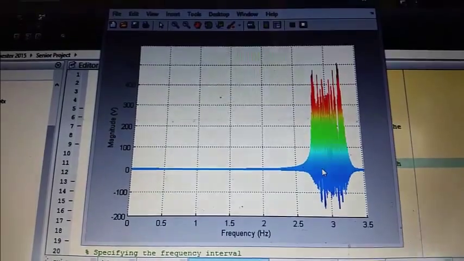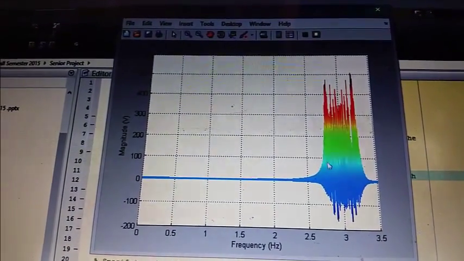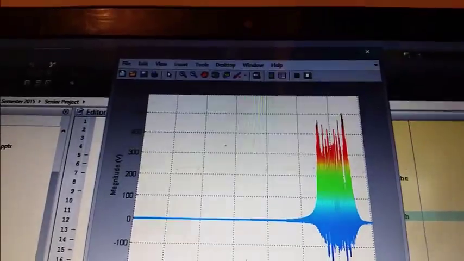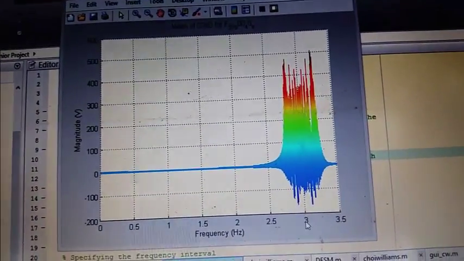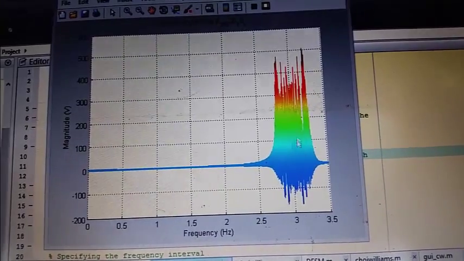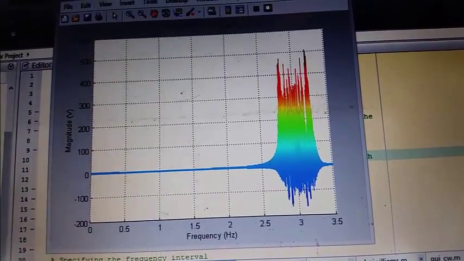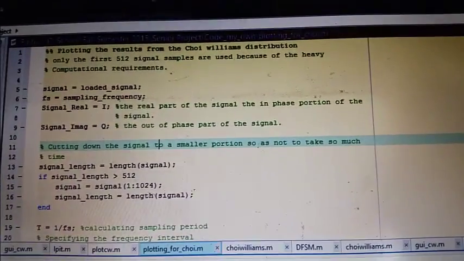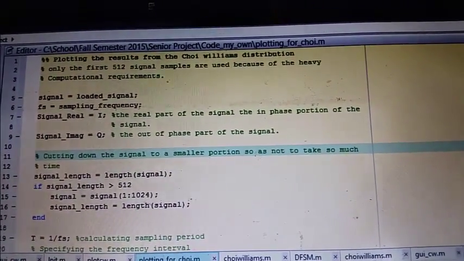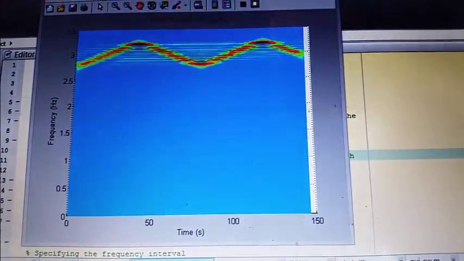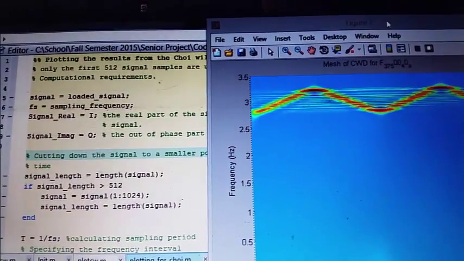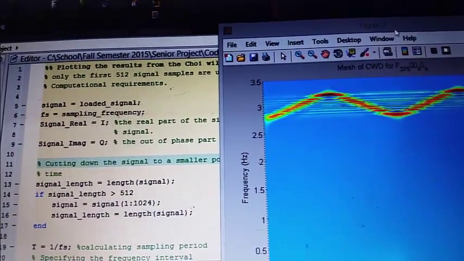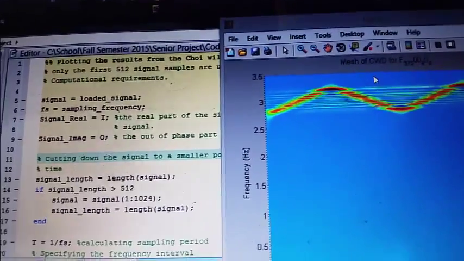Okay, so from here, this is a power spectral density of the signal, the FMCW signal. You can see pretty clearly that it's a 3 kilohertz carrier frequency. Most of the energy is at 3 kilohertz. Okay, and with this other plot, remember, the key parameters that we were after were the modulation period, the carrier frequency, and the modulation bandwidth.